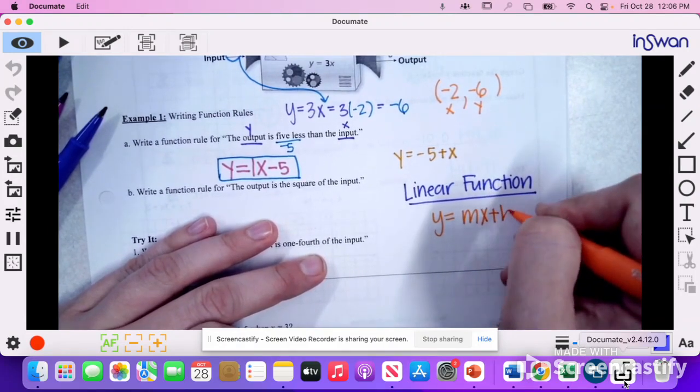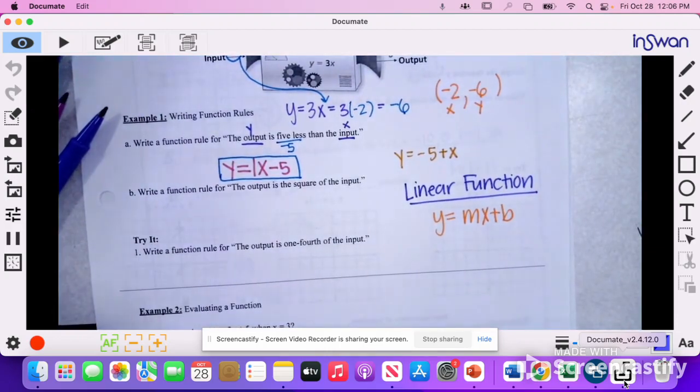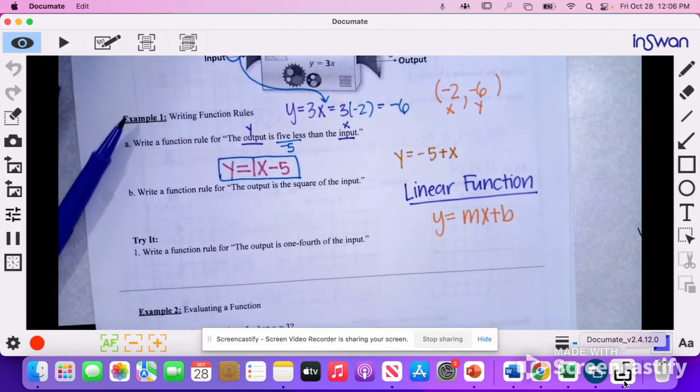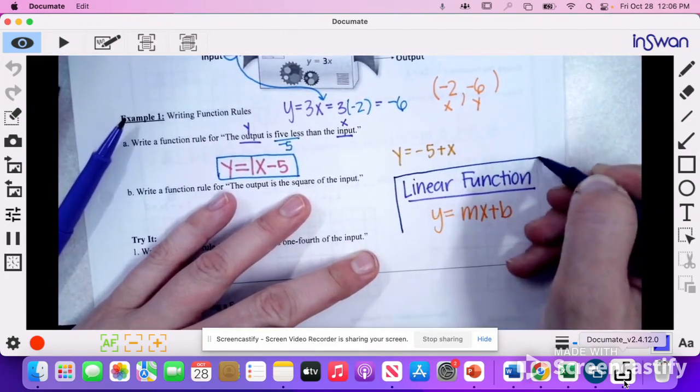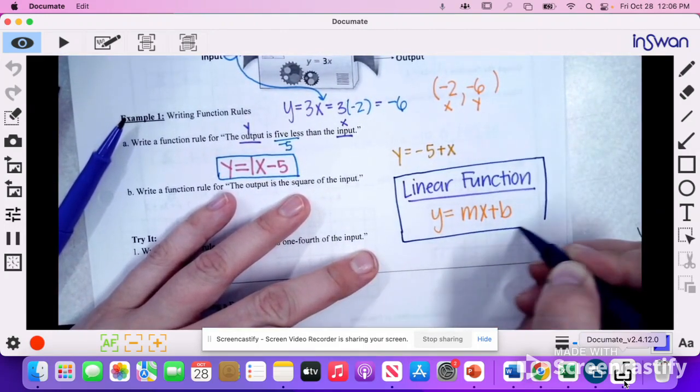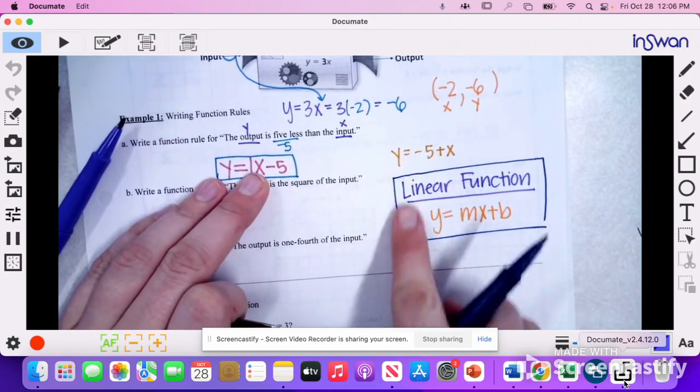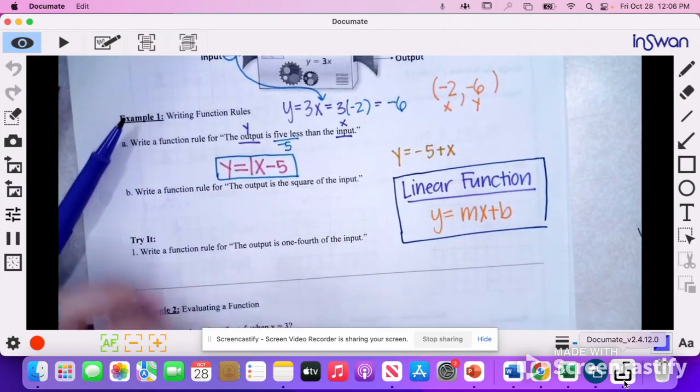Mx plus b. Right? This is slope intercept form. This is how we normally use it to graph. So that's why I chose to write it like this versus like this, because I wrote it in slope intercept form because it's a linear function.